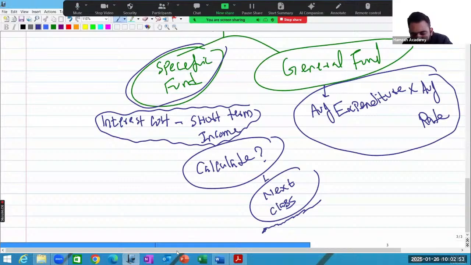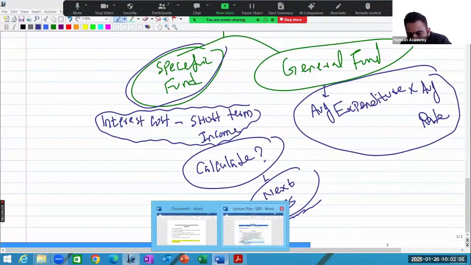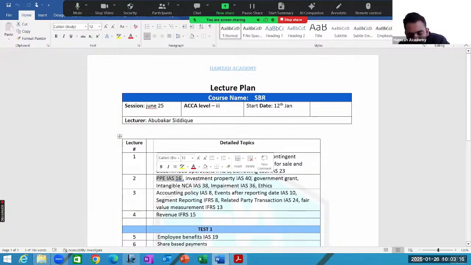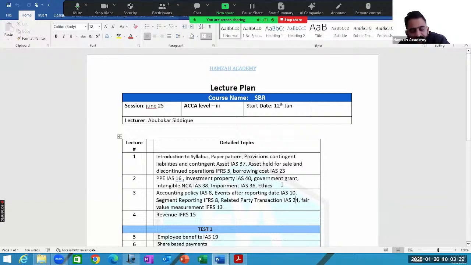But I also advise you, if it is possible for you, if you can do it, that would be a good thing. If you can revise IS-16, I'm asking especially from the students who are coming from the stream of ACCA after reading financial reporting FR. If you can do a quick revision of IS-16 and IS-40, investment property, that would be a great thing, because in the next class, I will be doing a quick revision of 16, 40, and government grant.